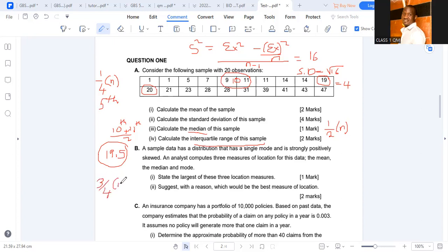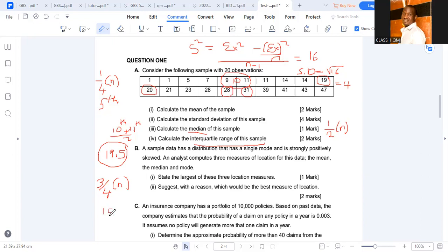N. So our n is 20. 20, 3/4 of 20 is what? 15. So 1, 2, 3, 4, 5, 6, 7, 8, 9, 10, 11, 12, 13, 14, 15, and 16. So 15 and 16, since we found 15, it's a whole number.